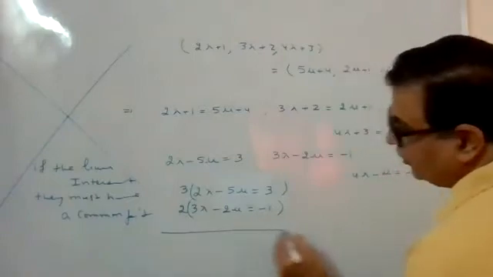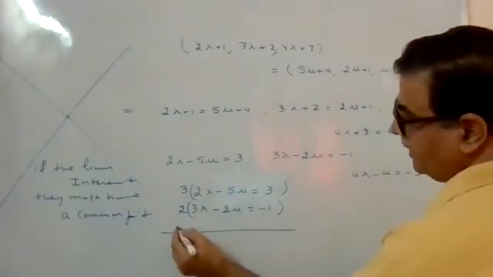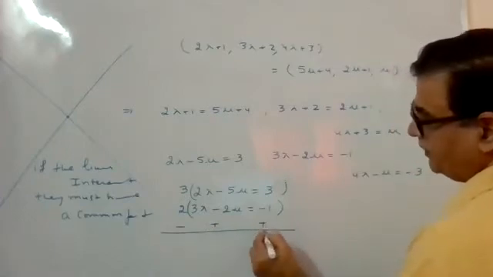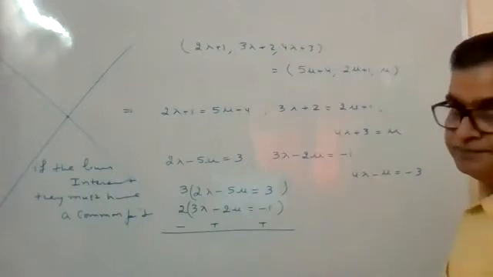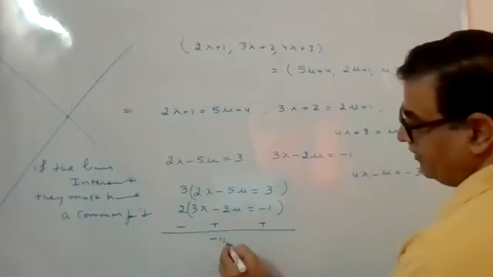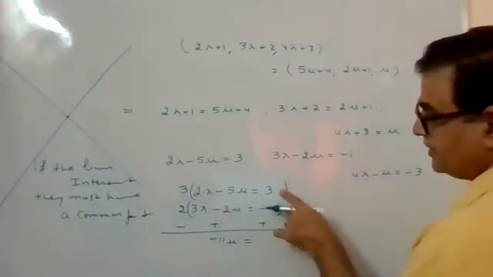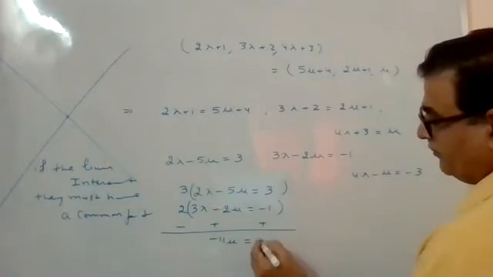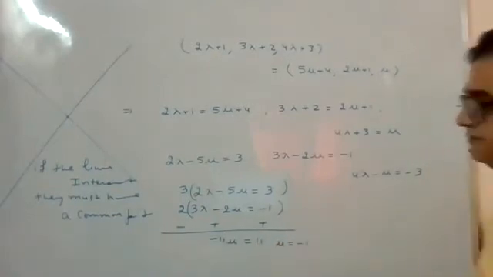And now we will solve it. 3 twos are 6, 3 twos are 6, minus is here, plus is here. Now it will come minus 15 plus 4, so it will come minus 11 mu. And how much is it on the other side? 3 threes are 9 plus 2, 11. So mu is coming what? Minus 1.